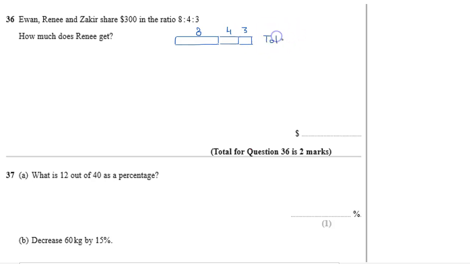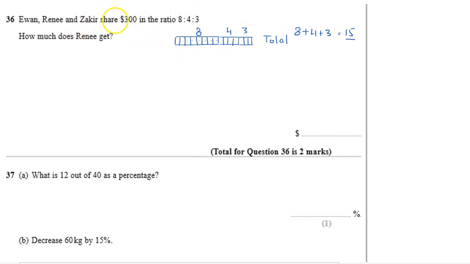So the total is 8 plus 4 plus 3, that is 15. This is 8 parts, this is 4 parts, and this is 3 parts. So in total these are 15 parts.